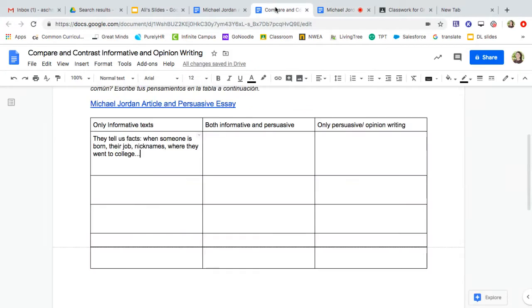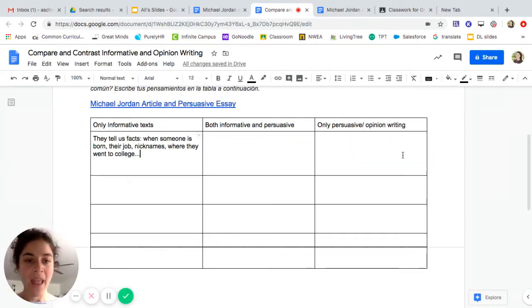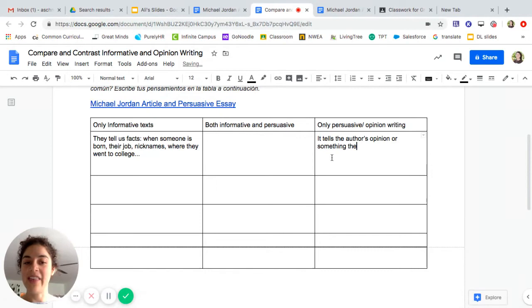So I'm going to go back to my document and I'm going to write in something that is a characteristic only of persuasive and opinion writing: it tells the author's opinion, or something they think. This can be argued.